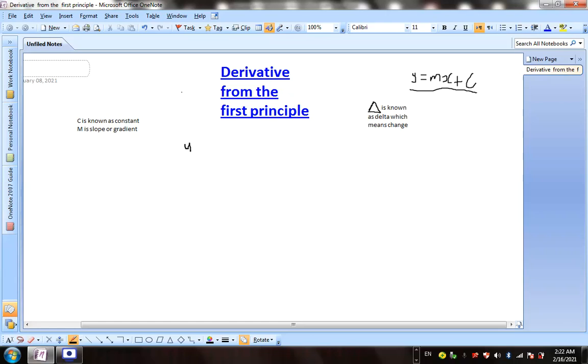Now suppose we have y is equal to x squared. How do we do this? The first thing we are going to do, we find the change in y and also in x. So we have y plus dy is equal to x plus dx, then the square of it.